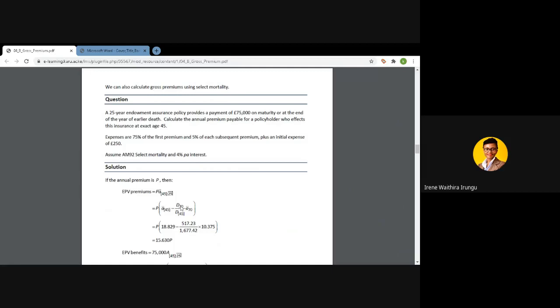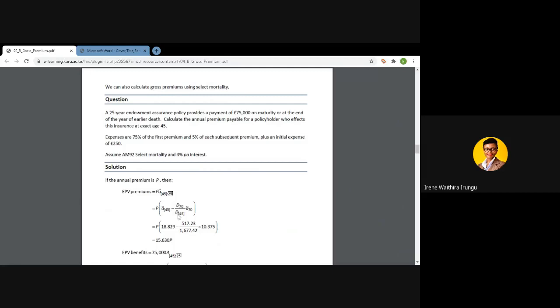Then we have a minus D_{x+n}. This is my x here, this is my n. If you sum the two, it gives you 70, and the select effect has worn off. So we now have it as D_70 without the select option.